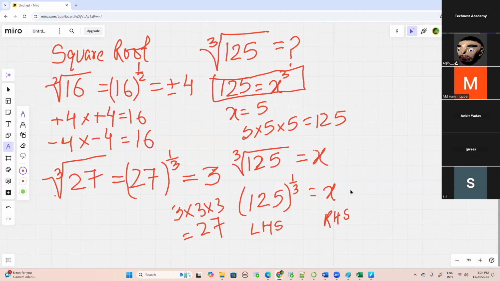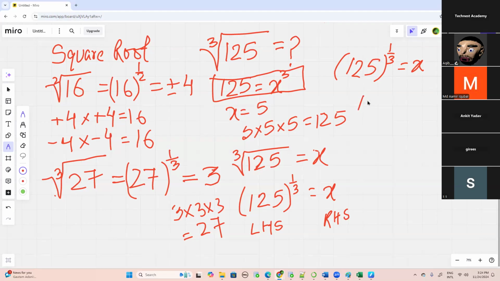Now here what I will do, just a minute. I've written here 125 to the power 1 by 3 equals x. Now here in LHS, I want to give a power of 3.